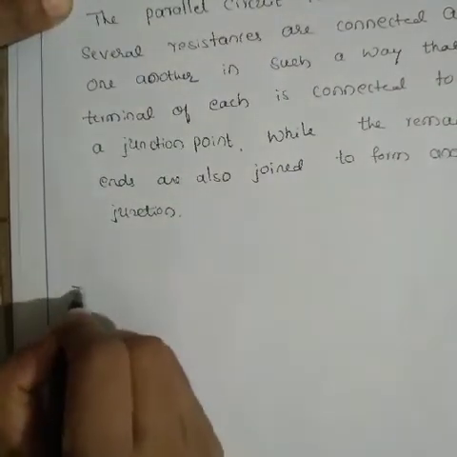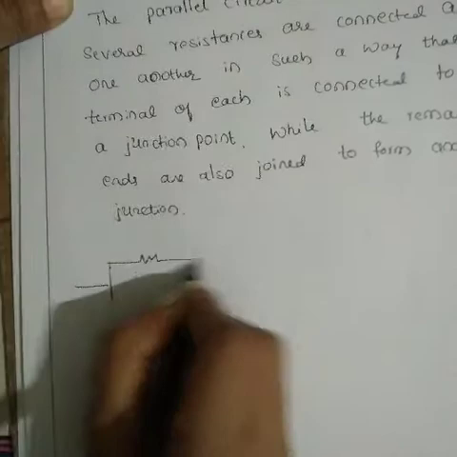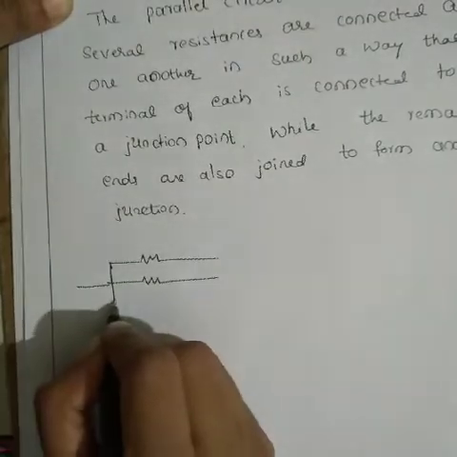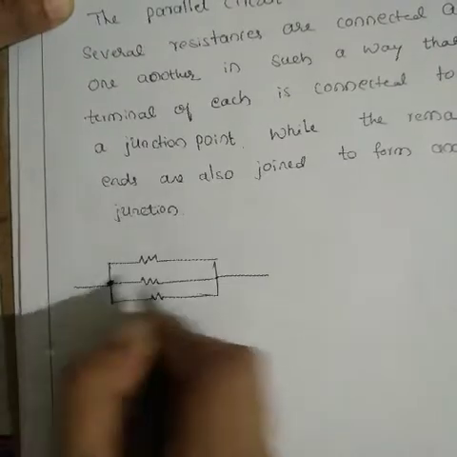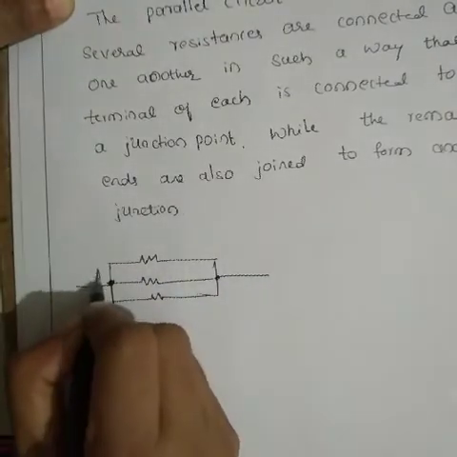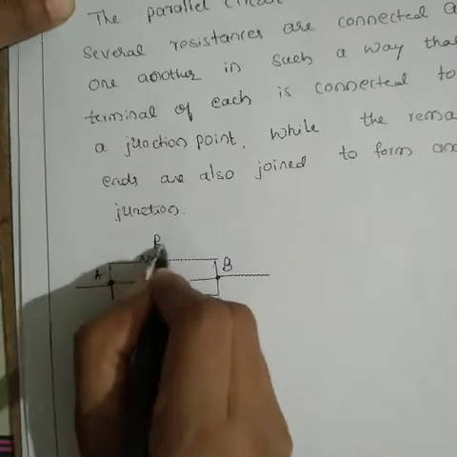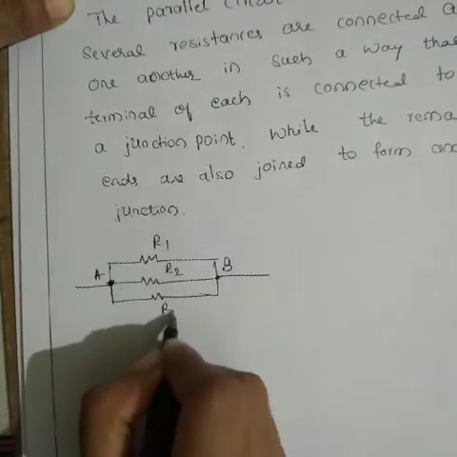Here I consider 3 resistances R1, R2, then R3. These are meeting together at one node, and the second node is called B node. This is R1, R2, then R3.